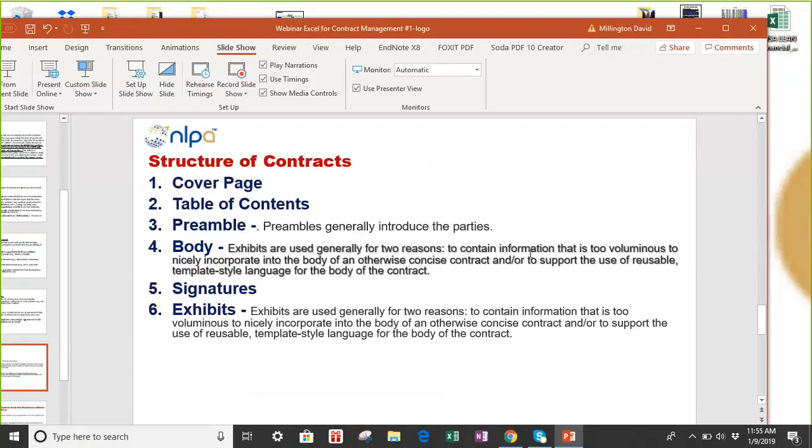Then the next section of a contract would be the overall body. Then you would have a section provided for signatures of the buying organization and the selling organization. And then the next section will be the exhibit section, which would be used to provide supporting information relative to the information contained in the body of the contract.